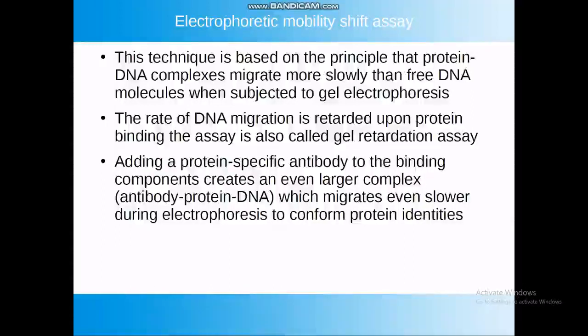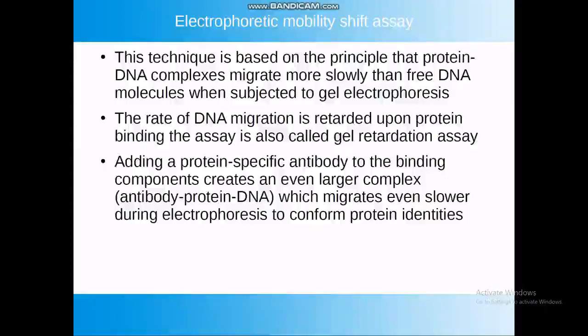The rate of DNA migration is retarded upon protein binding, and the assay is also called the gel retardation assay. Adding a protein-specific antibody to the binding components creates an even larger complex, the antibody, protein and DNA complex, which migrates even slower during electrophoresis, to confirm protein identities.